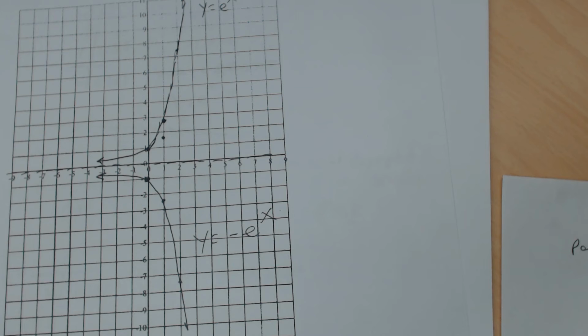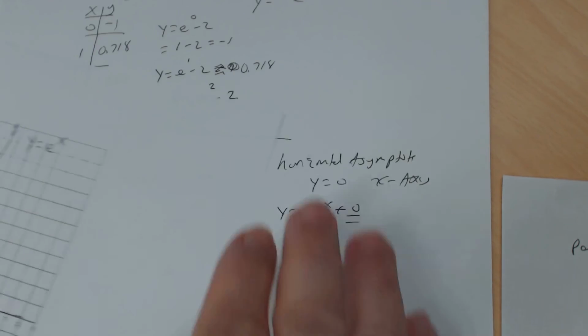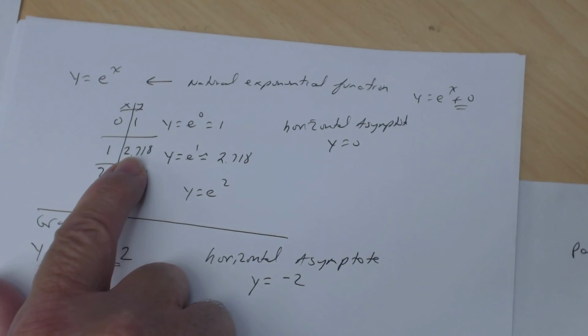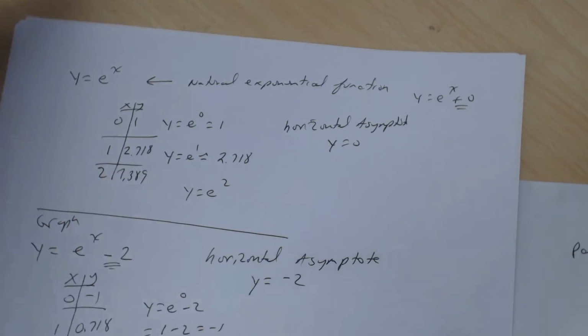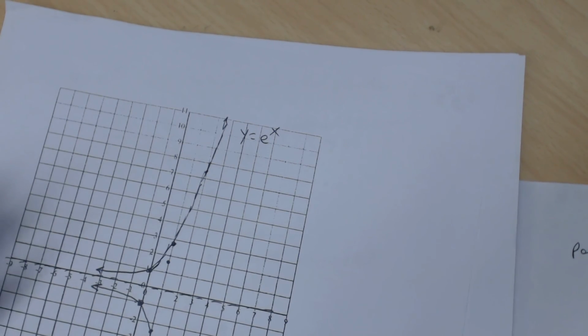When you talk about the natural exponential function, you're talking about base e. Base e, or the number e, is an irrational number that is approximately equal to 2.718. Okay? Alright, so that's going to take care of this lesson.